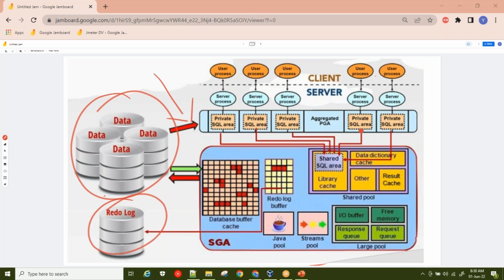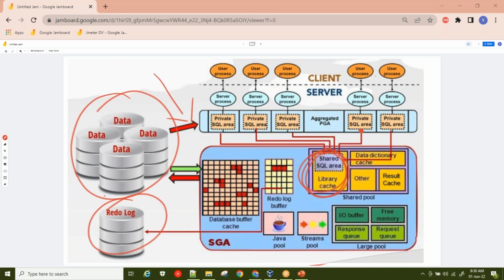See, basically the library cache, we say it has the SQL statement process information. Now what is this SQL statement process? Whenever a SQL statement is run, each SQL statement has a different process of execution, like how it is executed.